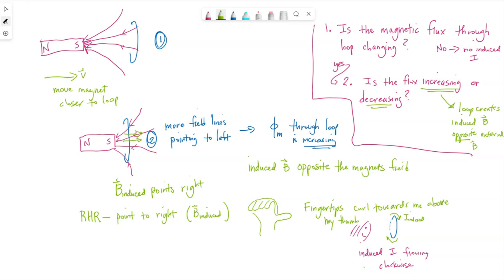If the flux is decreasing, the loop creates an induced magnetic field in the same direction as the external B. And that's because it's trying to add those field lines back in to increase the flux back up.